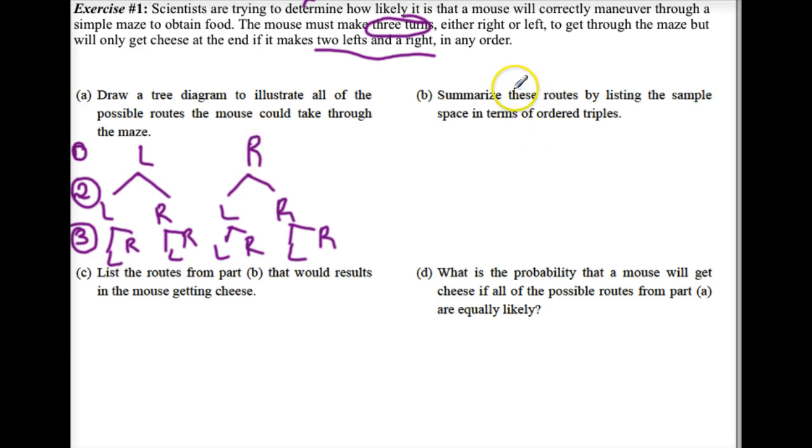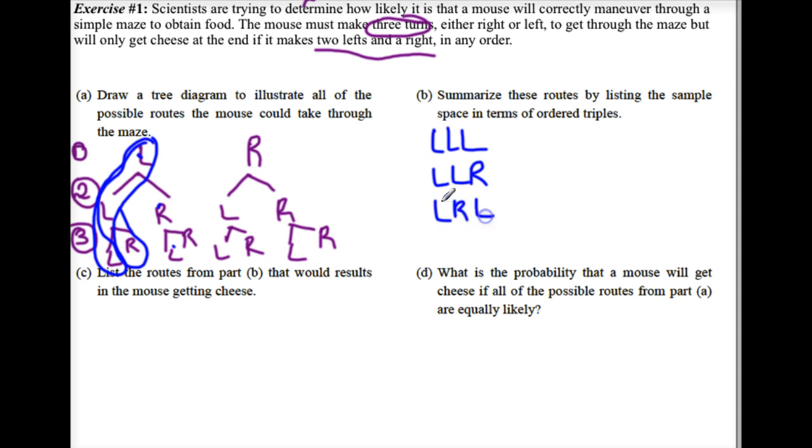It says summarize the route. So I want to look at this. It's going to go right, left, left, left, left, left, left. Then it can go left, left, and this right. So then I have left, left, right, left, right, left, left, right, left, left, right, right.